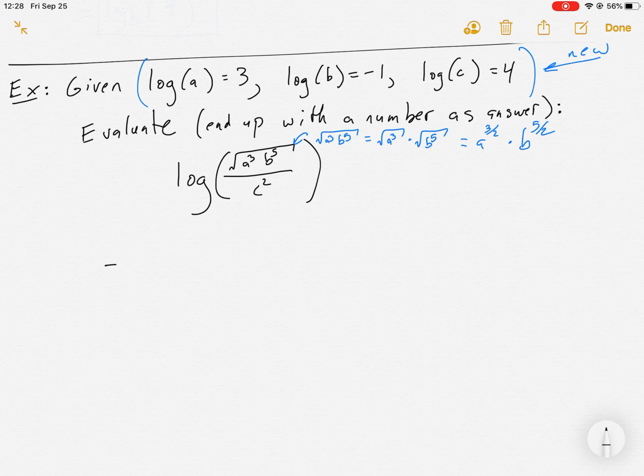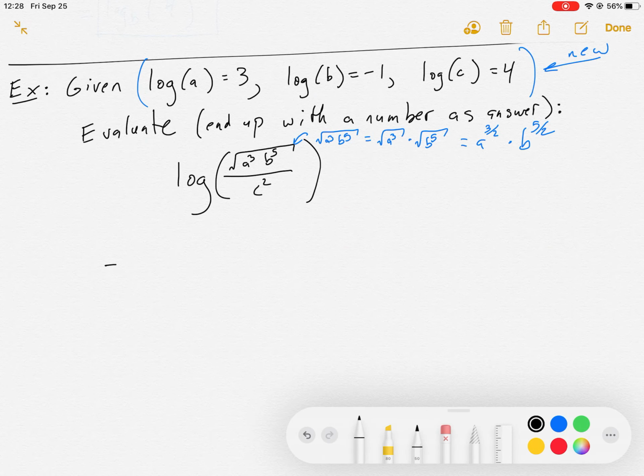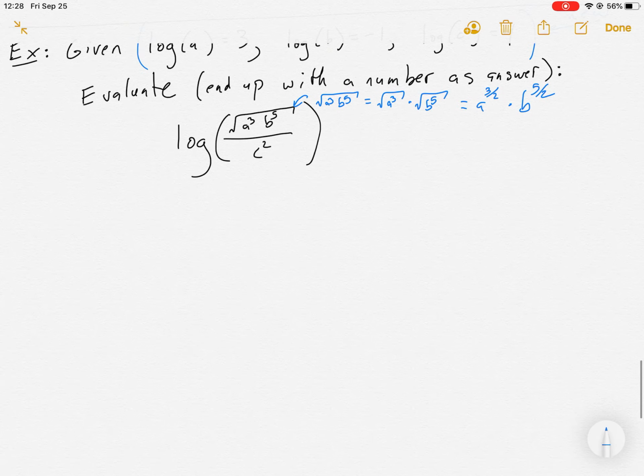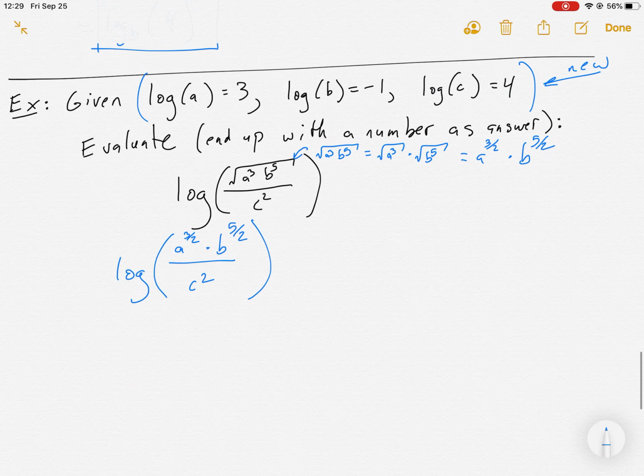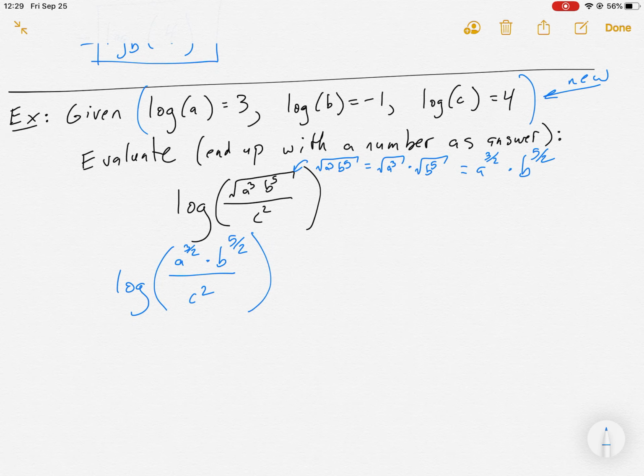So let's rewrite it first of all as basically what I just wrote. Log of a to the 3 halves times b to the 5 halves over c squared. There we go. Okay, now we're given a single logarithm, and we know the values of these logarithms, but I currently don't have those logarithms in here.